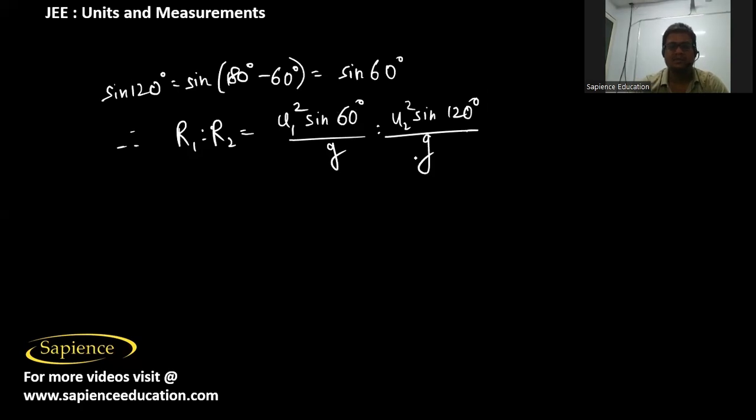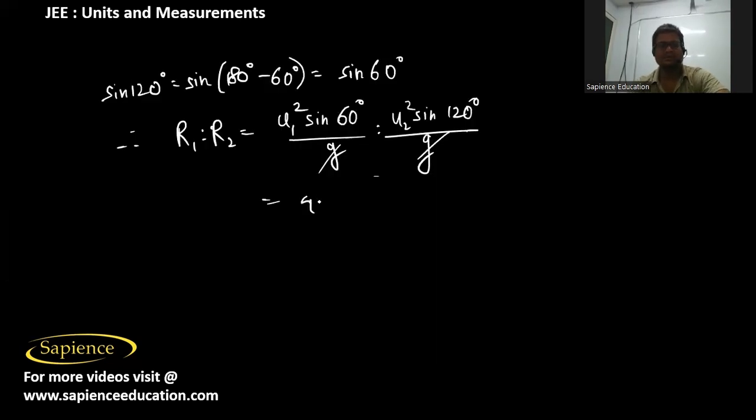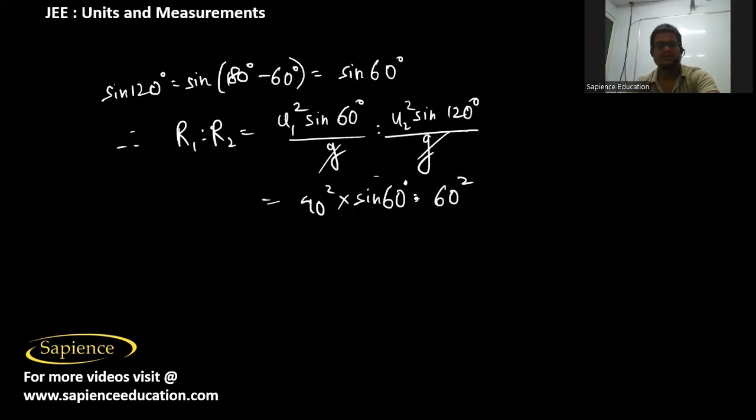So g and g will get cancelled, so u1 square, that is 40 square into sine 60, and this is u2 square, which is 60 square, sine 120. Since sine 120 is the same as sine 60, these two will cancel out, so we shall get 40 into 40 is to 60 into 60.